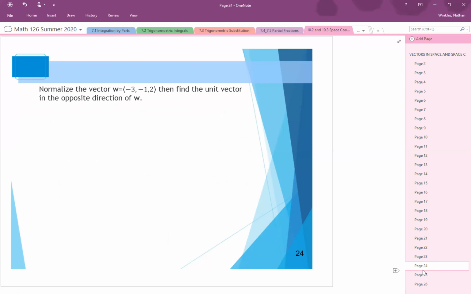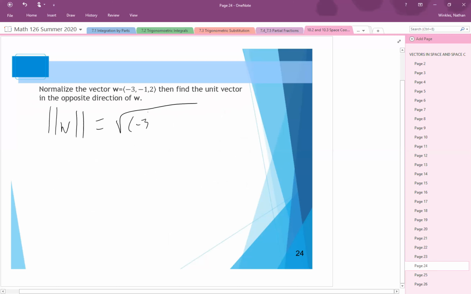So we're told to normalize the vector w of negative 3, negative 1, 2. Then we want to find the unit vector in the opposite direction of w. Okay, so let's build this one up. So the magnitude of w is the square root of negative 3 squared plus negative 1 squared plus 2 squared, which is the square root of 9 plus 1 plus 4, which is square root of 14.